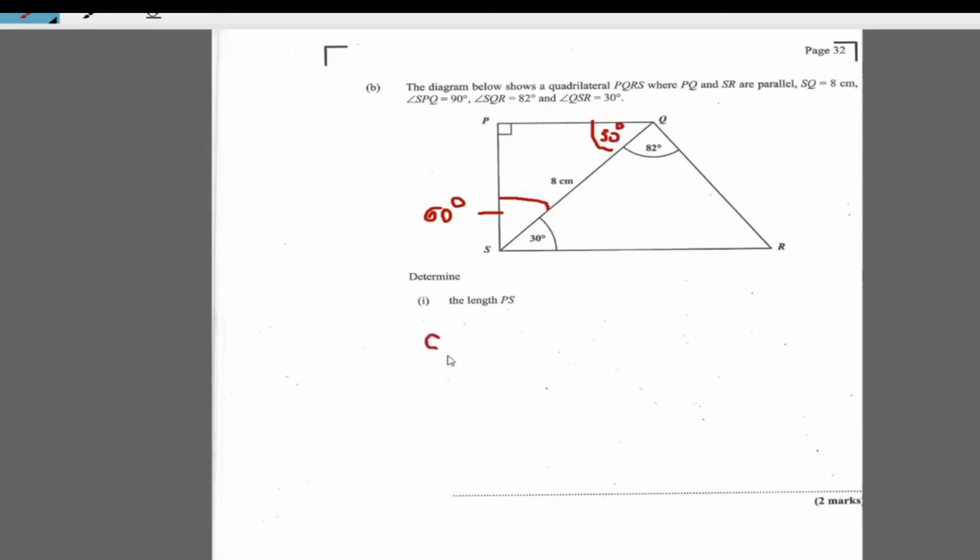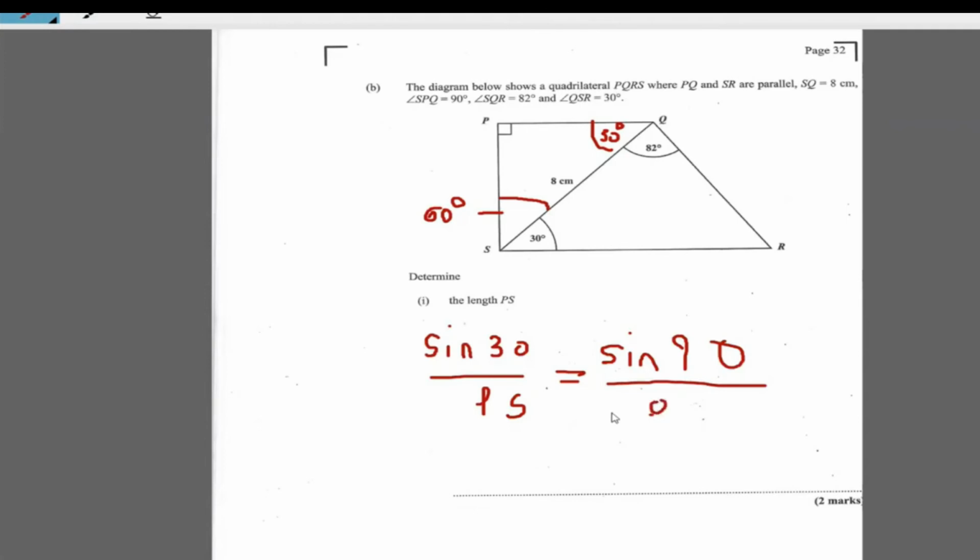So using the sine rule, we can say that the sine of 30 over PS is equal to the sine of 90 over 8. So now we cross multiply, and making PS the subject, we get PS is equal to 8 sine 30 over sine 90.